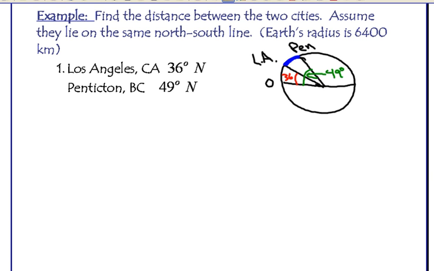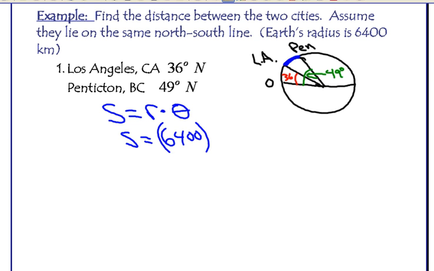And again, assuming the Earth is round, which isn't too bad of an assumption, we're looking for the arc length. And so we pull out our arc length formula. We've got the arc length is the radius times the angle, and we're looking for the arc length. Well, let's see. What's the radius of the Earth?